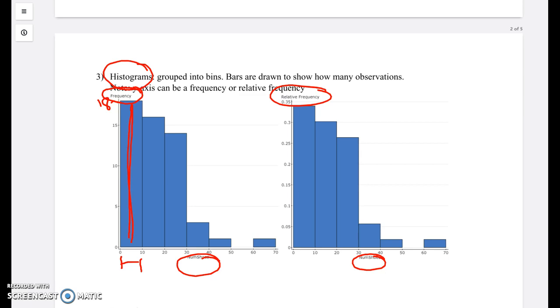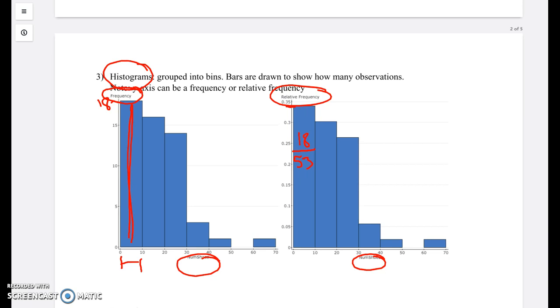You calculate it by taking the number of people and dividing it by the total. In this case, the total was 53, so you take 18 divided by 53, and you end up getting around 0.33 or something like that. So that's basically what a histogram is.